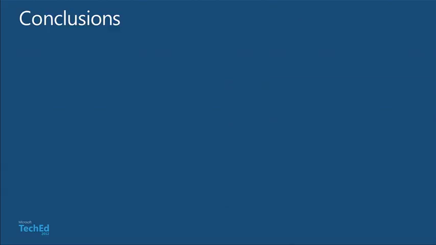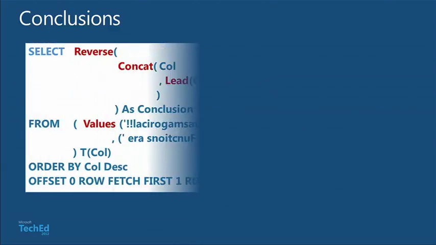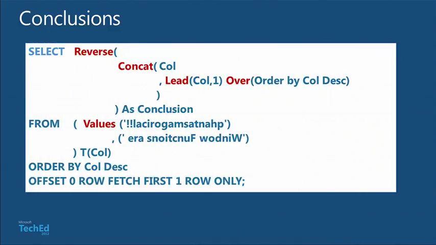Okay, so last but not least, to me, the window function is the query returned by this one. I deliberately made it look difficult. I've put some new functions there. I use reverse, concat, and order by offset loads fetch first row only, something like that.